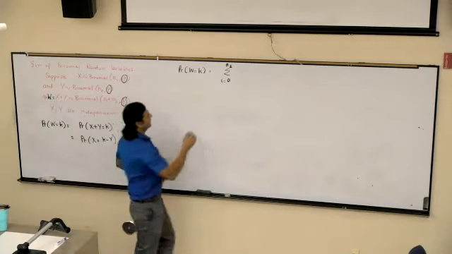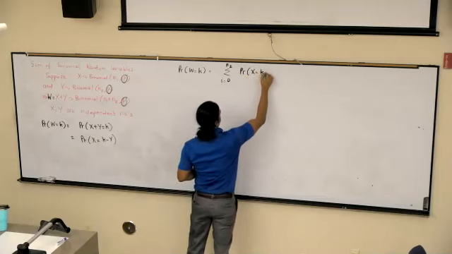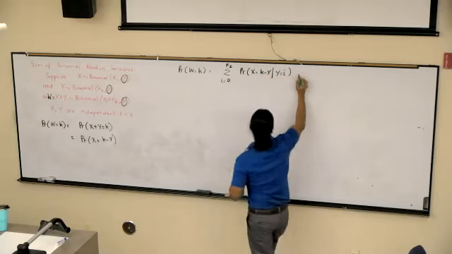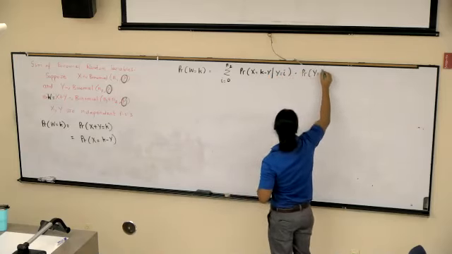So I can write this as probability X is equal to k minus Y, given Y equals i, multiplied by probability Y is equal to i.